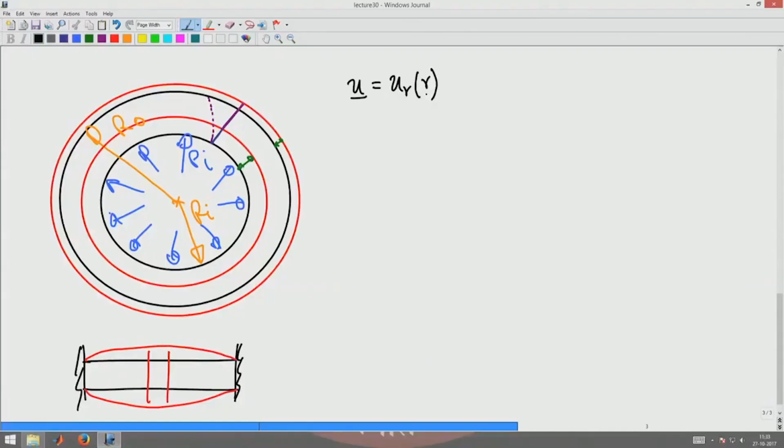Since the ends are fixed, the cylinder would bulge out like this and the radial displacement would change with its axial location, but we will ignore that, saying the pipe is long enough and we are looking at the center portion of the pipe wherein it is more or less constant. So that is why we drop the z variation also.